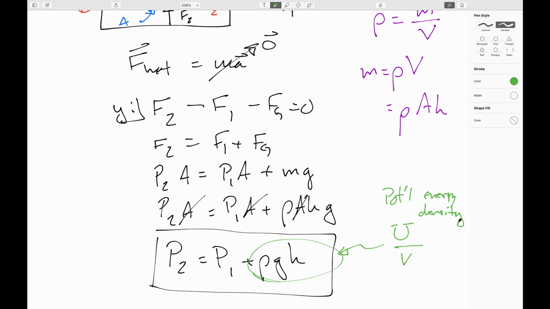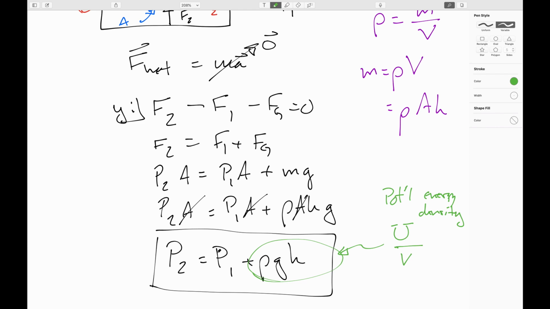And so we can look at that and say, all right, if this is a potential energy per unit volume, is there some way we can interpret the pressures as being some sort of energy per unit volume? And it turns out you can, because remember, what's the source of pressure? One of the sources of pressure is the actual movement of the molecules as they collide against other molecules. So it's related to the average kinetic energy of the molecule.